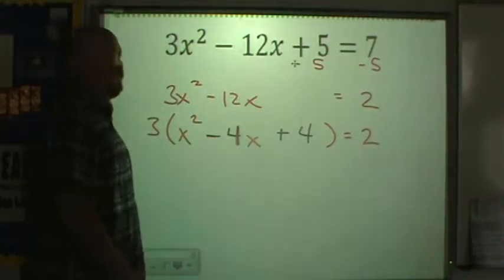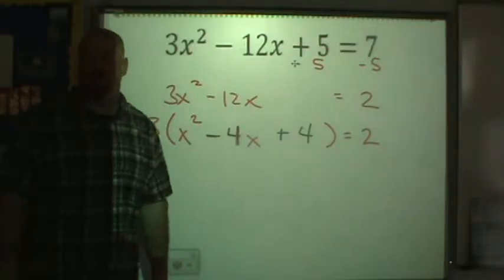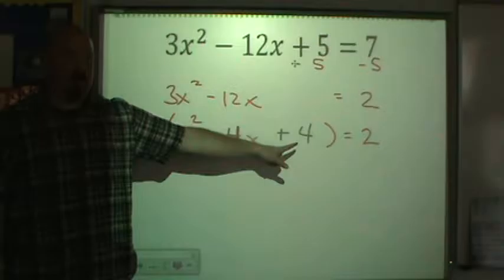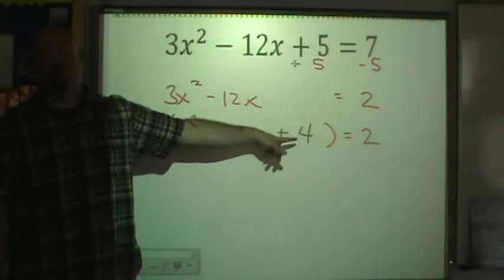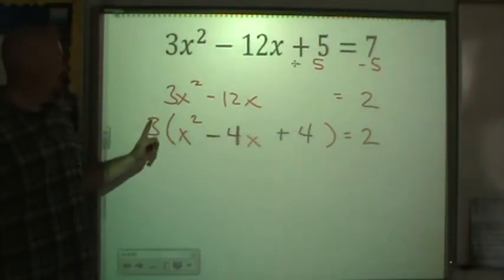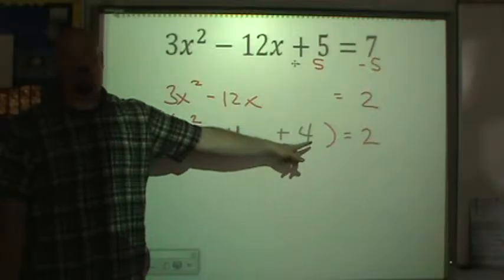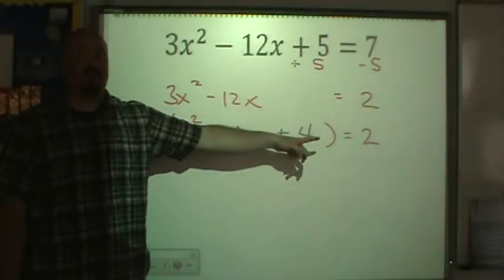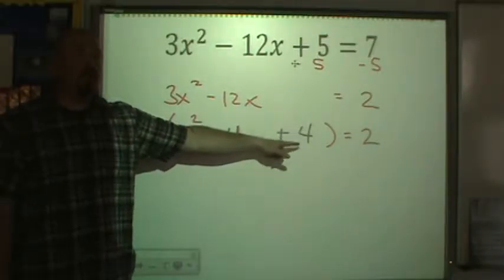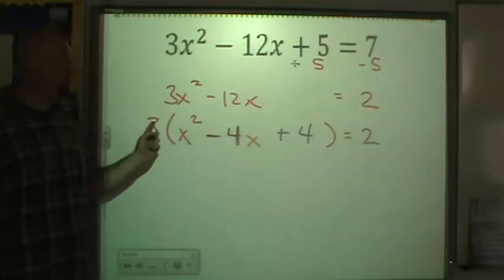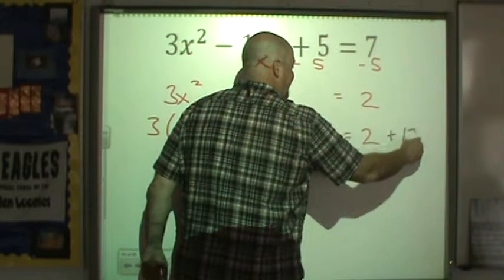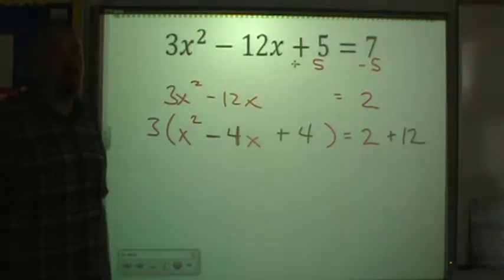So I add 4. Or do I? No, I don't add 4. I write plus 4, but I'm not adding 4. I am adding 12, right? It's the 3 outside these parentheses. That's where the parentheses are important in this process. When I'm adding 4 here, I'm actually adding 12 because it's being multiplied by 3. So to maintain the balance of the equation, I have to add 12 on the other side.